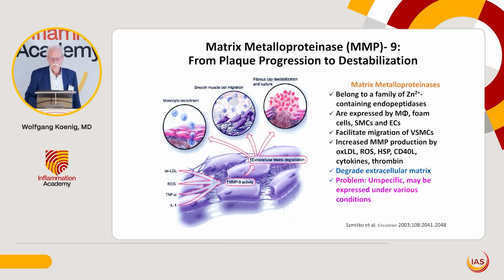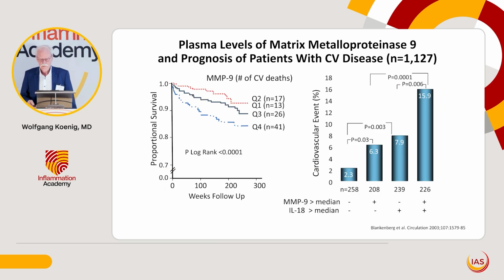MMPs are an important molecule, I think Peter mentioned it several times. What they are known for, in particular, is that they degrade extracellular matrix, and they do play an important role in this destabilization of the plaque. Now, they're useful as markers. Now, this is one study. There are not many studies around.